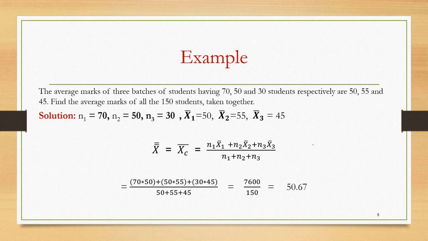So here, combined mean formula is N1 x1 bar plus N2 x2 bar plus N3 x3 bar divided by N1 plus N2 plus N3. By putting the values of N1, x1 bar, N2, x2 bar, N3, x3 bar and multiplying, adding, we get combined mean, that is 50.67. Now, this is the average marks of 150 students of the class.